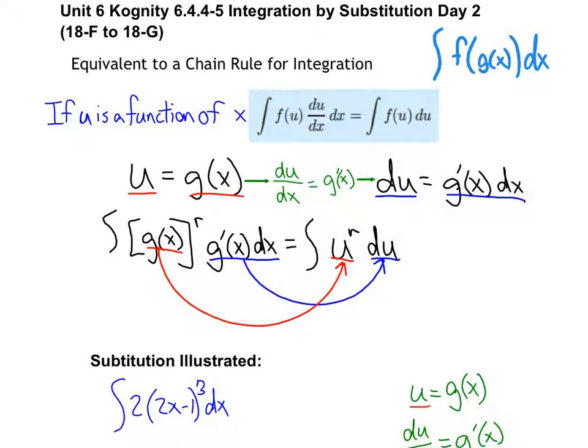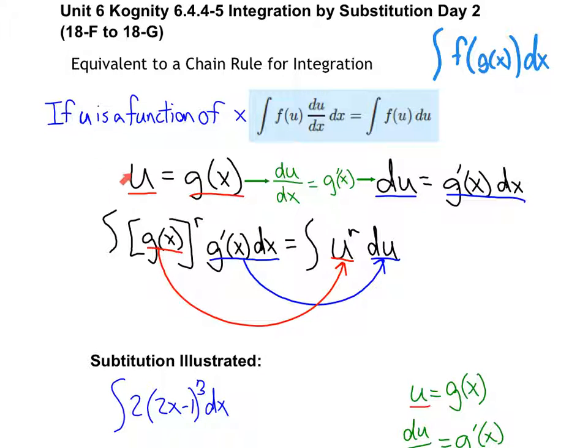All right, so let's look at how this is broken down. Okay? We have this function f of some function u, all right? I'm going to go through this kind of quickly. I think once we do a couple examples, this thing will make a lot more sense. It's a little bit jumbled right now. But if I take u, which is g of x, and I take the derivative, okay?